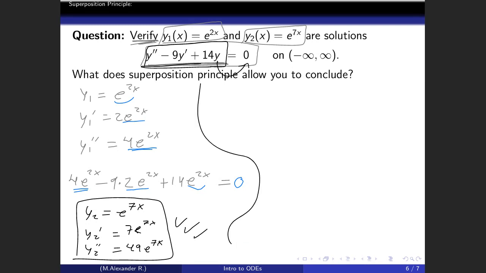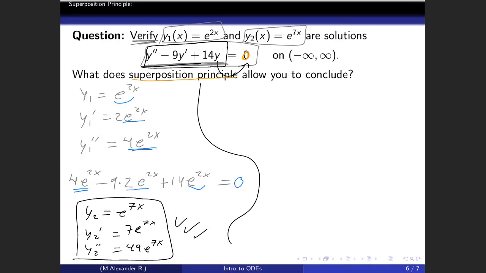And so now that we have those two calculations, we check that y1 is a solution to the differential equation, and y2 is also a solution to the differential equation. And again, this is a homogeneous differential equation.